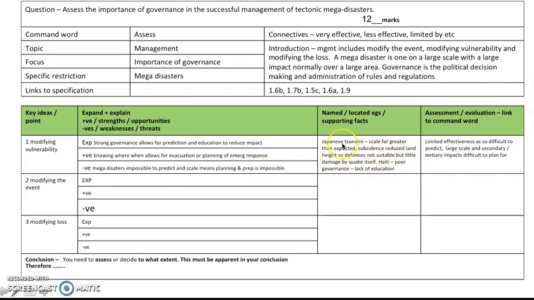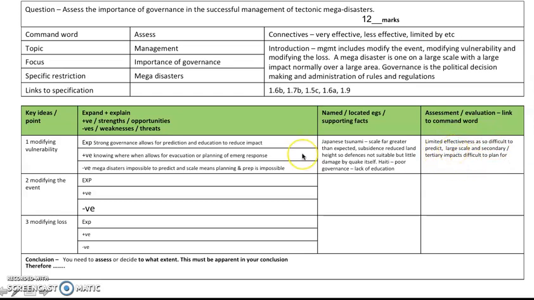Here, we've got some of the different ideas we could use for case studies. And then here we have the assessment command words and connectives that we could use.